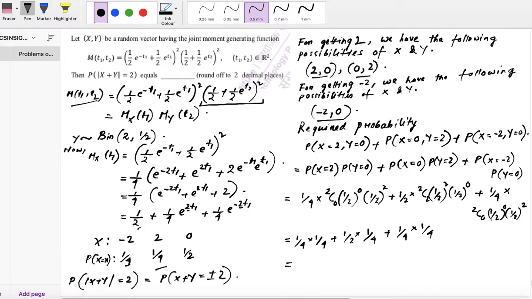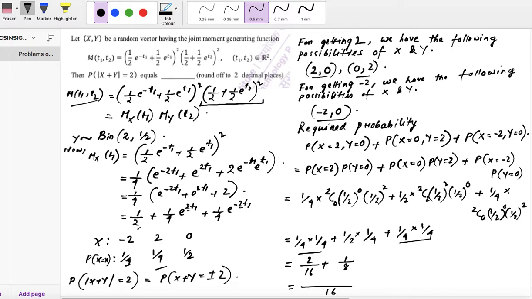Then next, if we sum it, what do we get? Here it is 1 by 16, here it is 1 by 16, so 2 by 16 plus 1 by 8.